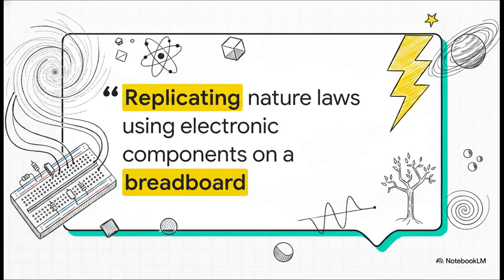Section 1. The universe on a desk. The entire foundation of our explainer today boils down to this one incredibly ambitious premise from our source material: replicating nature's laws using electronic components on a breadboard. Think about how much ambition is packed into just 9 words. We aren't just tinkering with a few LEDs to make them blink. We are capturing the mechanics of reality itself in a highly controlled, continuous environment.